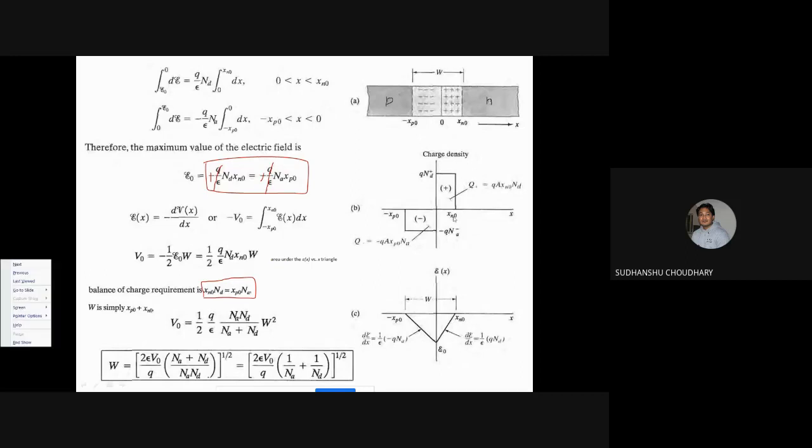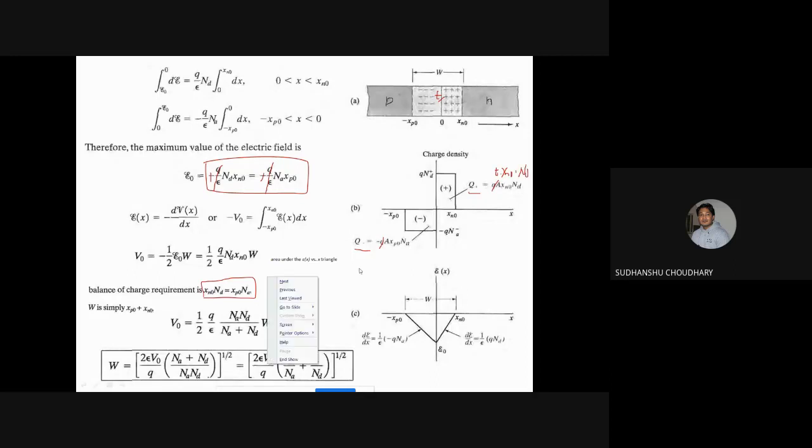Or one can equate these two charges, that is, this positive charge is equal to the negative charge. Again Q is gone over here, and the area, let us say the thickness is T, so this becomes T times Xn naught times Nd.